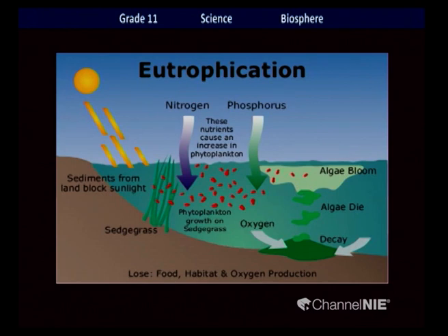So due to eutrophication, the oxygen concentration in the reservoir decreases, the nutrient level in the reservoir increases, and the oxygen demand by the organisms increases. We call it biological oxygen demand. Then what happens? Bacteria will decompose this dead organic matter by anaerobic activity.